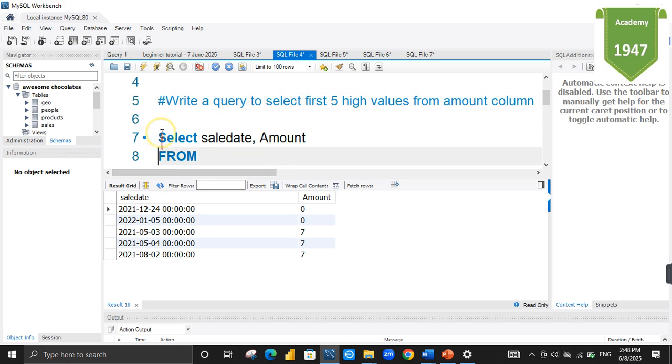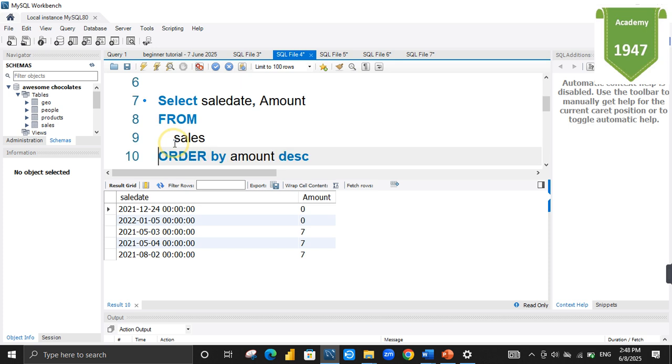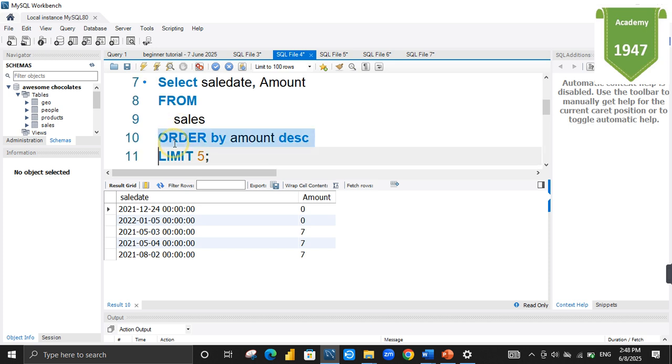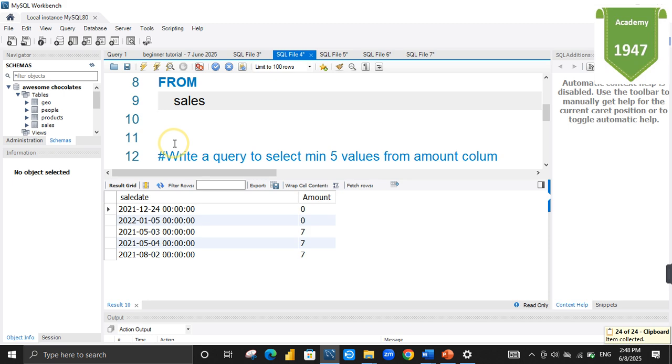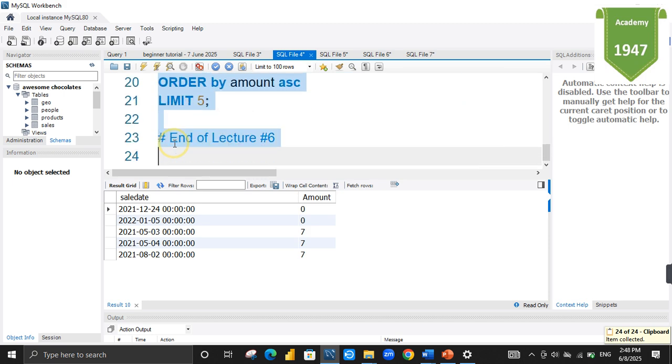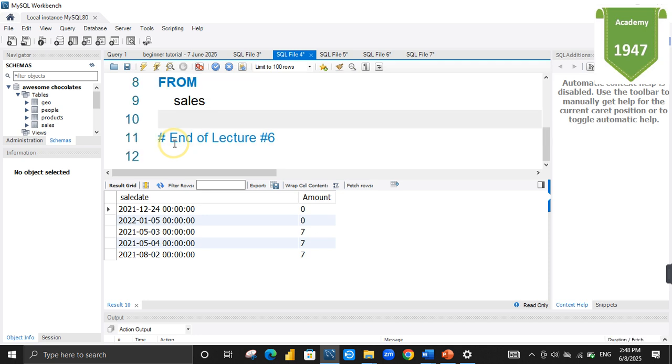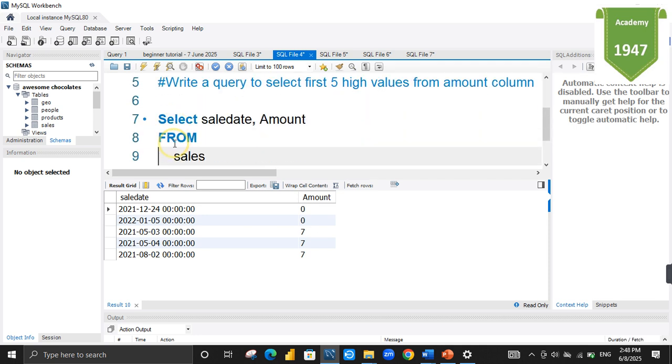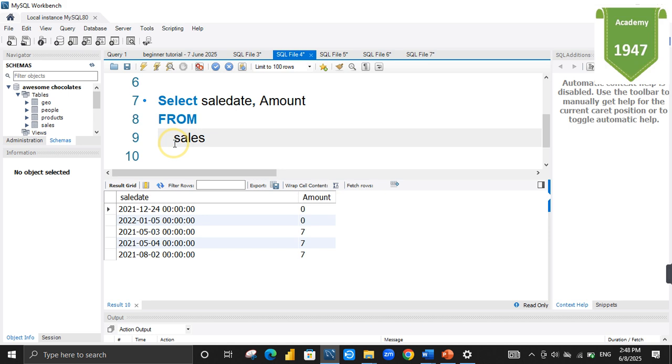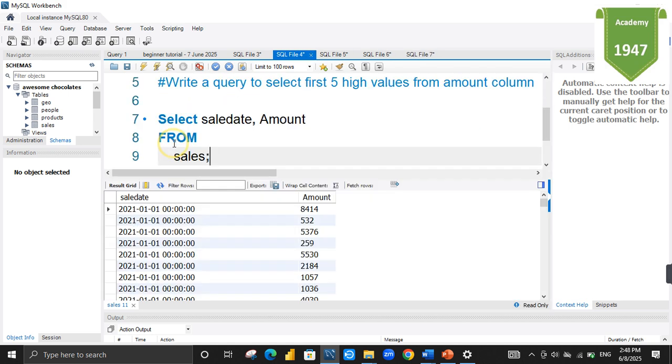First of all, we would write a simple query with the select command, and this query gives us results containing sales date and amount, which are part of the sales table.